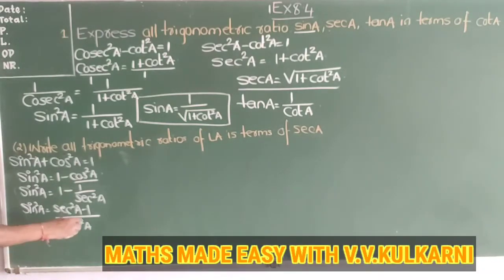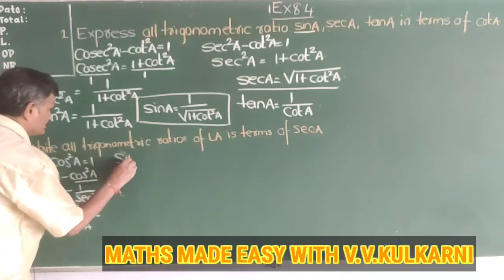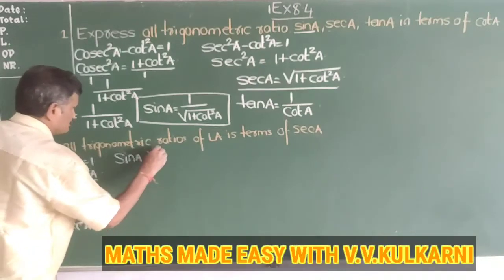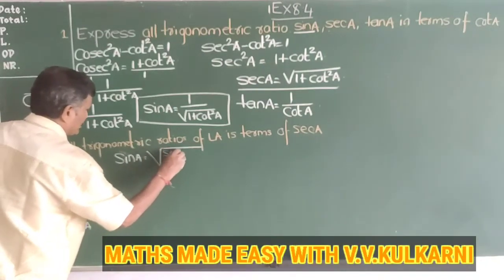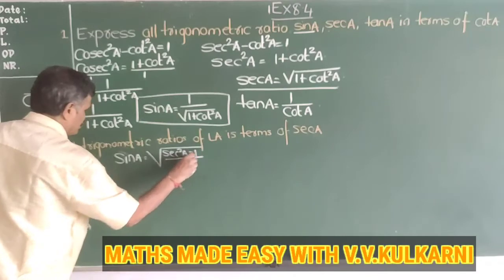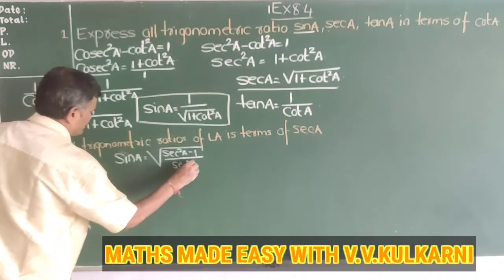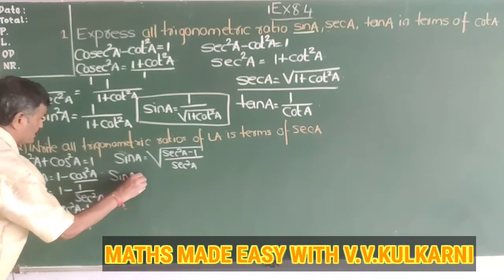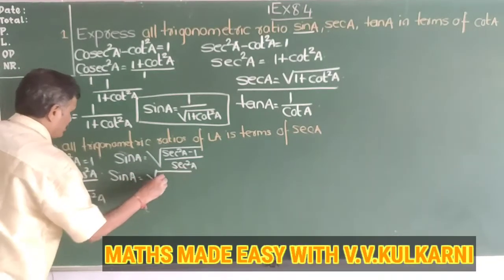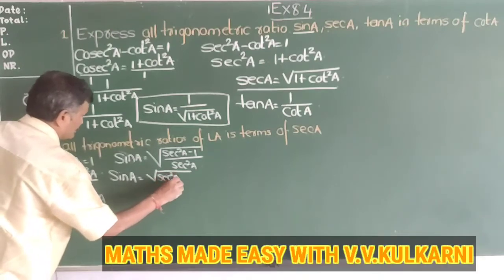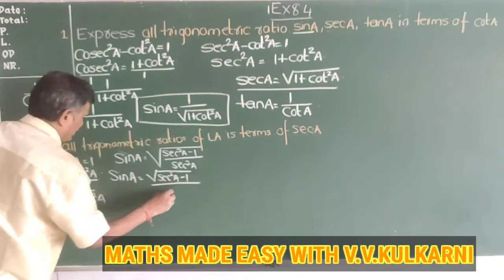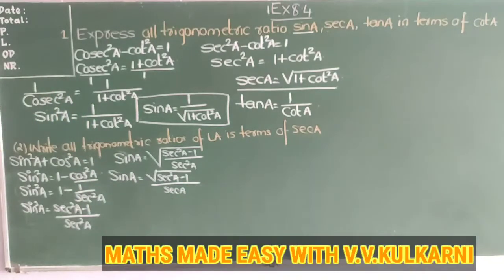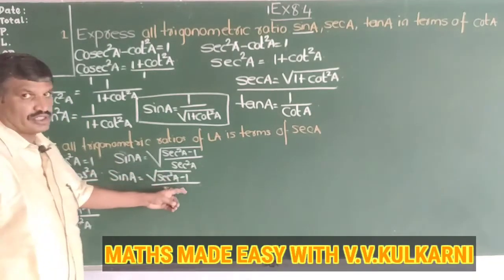So if you take the square root here, then what you will get is sin A is equal to square root of secant square A minus 1 divided by secant square A. If you simplify, then you get sin A is equal to under root secant square A minus 1 by sec A. So now you can see clearly the sine ratio is converted into the sec ratio.